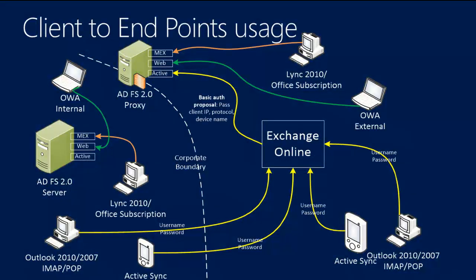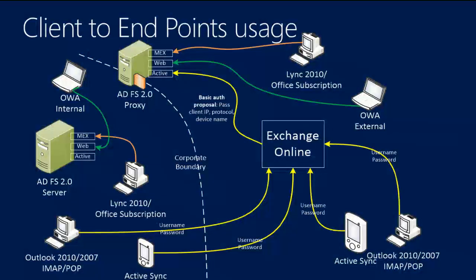Exchange Online passes us 3 extra pieces of information. One is the IP address that it got on the edge of its network. So it effectively says, this client, however they got to me, through whatever internet devices they ran through, by the time it got to me, I saw this client IP address. That's where I believe their request is coming from. So it's effectively the external IP address of the client. The second thing it'll give us is the protocol.